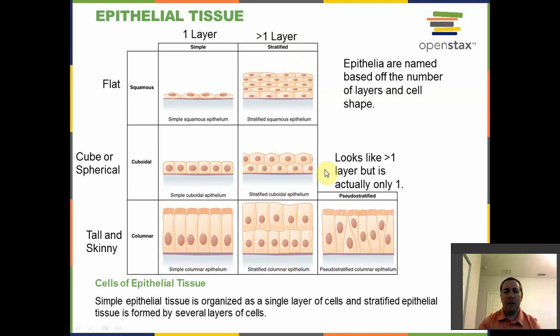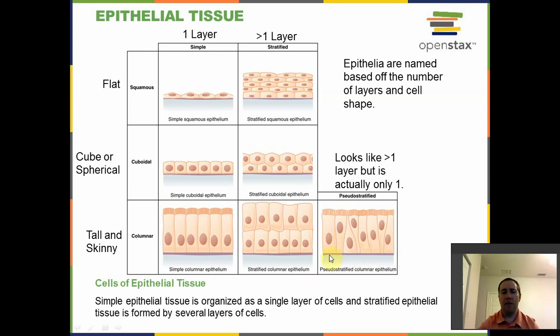This little extra column for the third, the pseudostratified, is confusing. When you first look at that, superficially, it looks like there are multiple layers of cells. But when you look at it more in depth, you see that actually every single one of these cells touches this layer at the bottom.